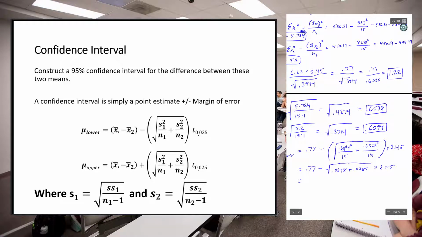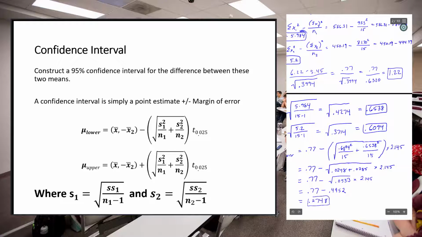And this is equal to 0.77 plus, or I'm sorry, minus the square root of 0.0533 times 2.145, which is equal to 0.77 minus 0.4952, which is equal to 0.2748.